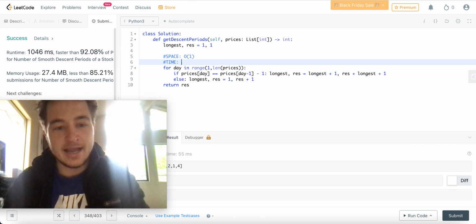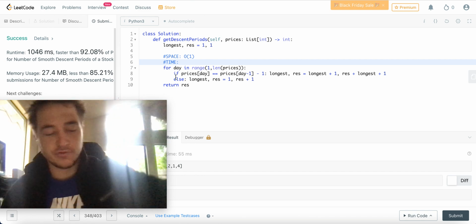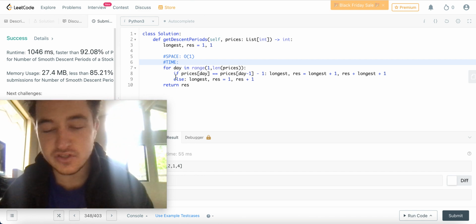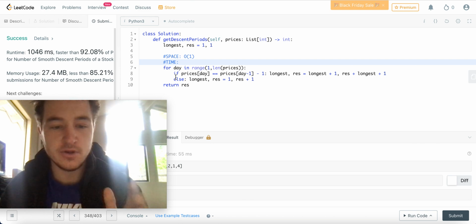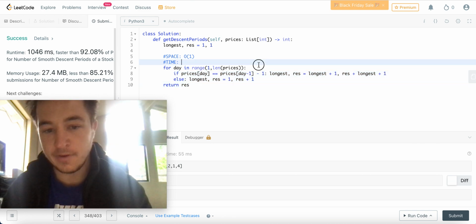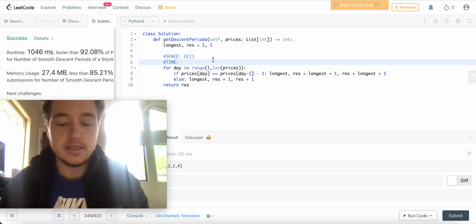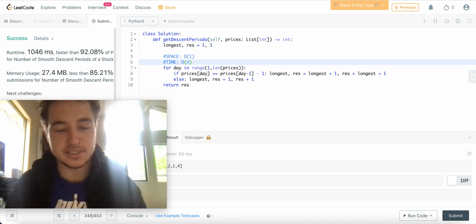In terms of time, all we have to do is traverse through the whole prices array once, and make comparisons for each thing. So we have constant operations within this for loop, and if we call n the length of prices, then we have O of n in terms of time complexity.